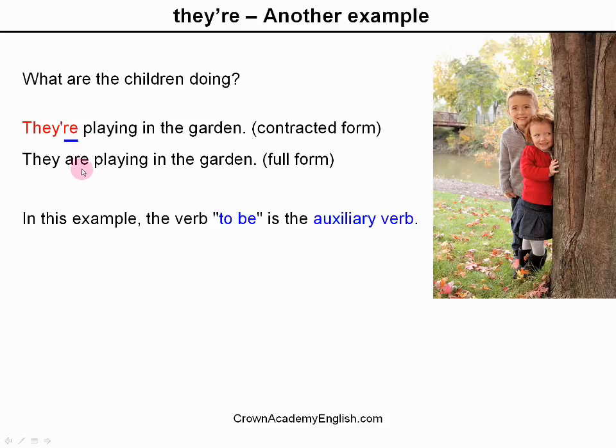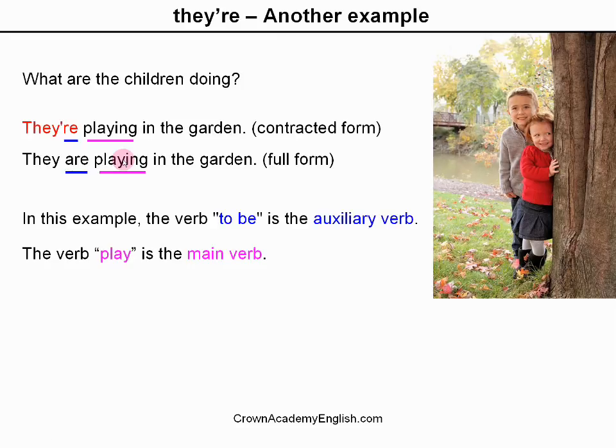So here is the verb to be in the contracted form, and here it is in the full form, and it is an auxiliary verb. It is not the main verb. And it is the verb play which is the main verb. So playing is the main verb of the sentence.